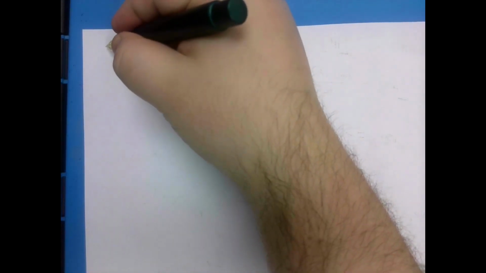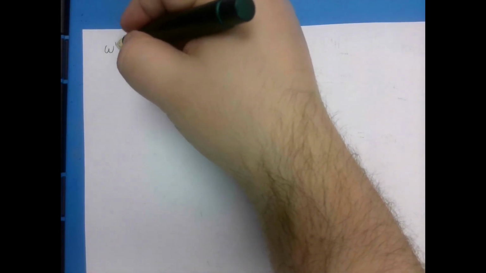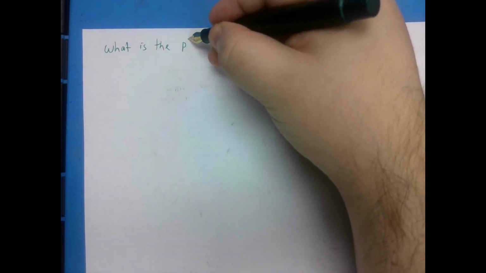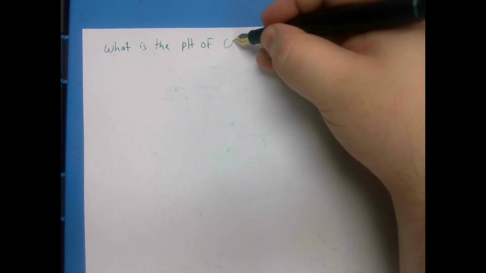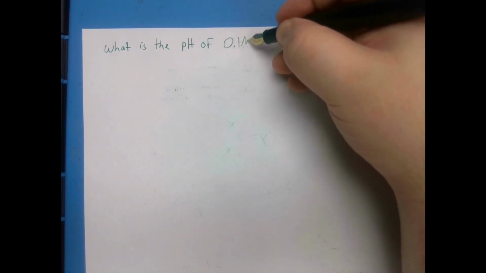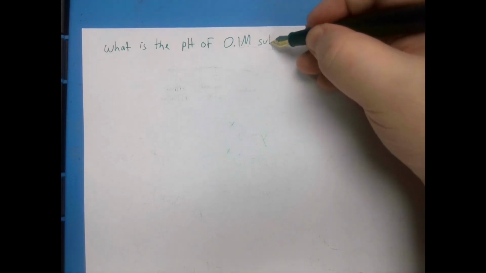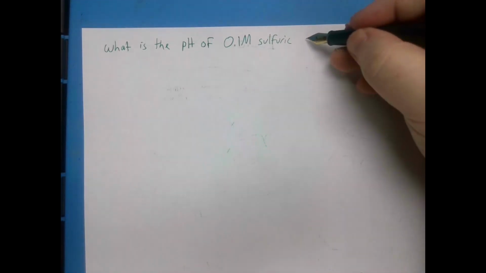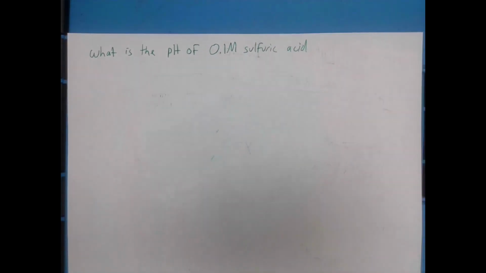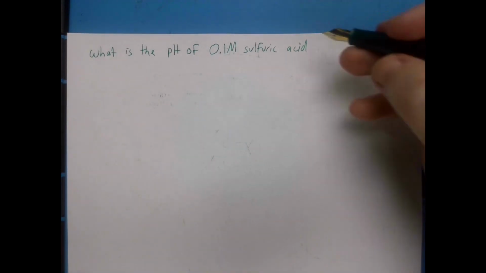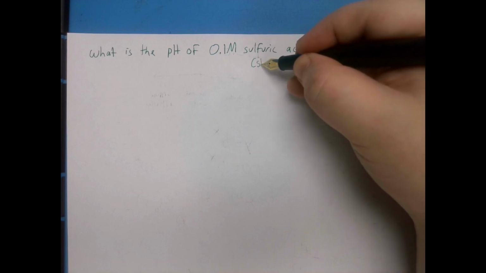What is the pH of 0.1 molar sulfuric acid? And I'll tell you what the strong and weak acids are. This is a strong acid.